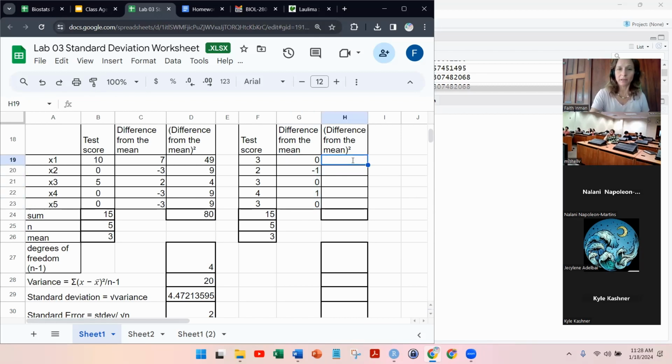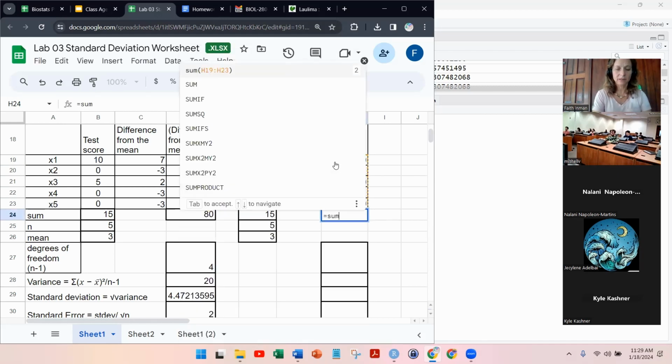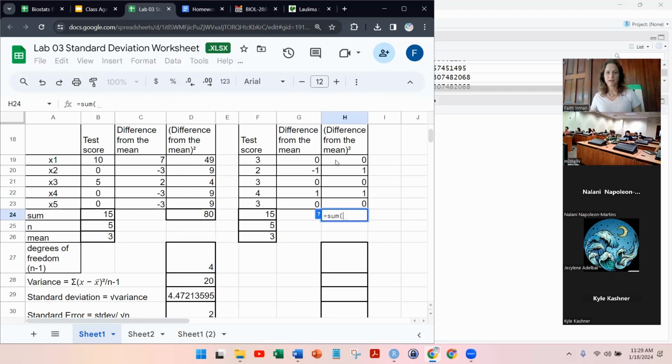So again, we got to square them, equals difference from the mean squared. And you can take these and copy and paste them down. And then you can just sum up this column, equals sum of the square differences.